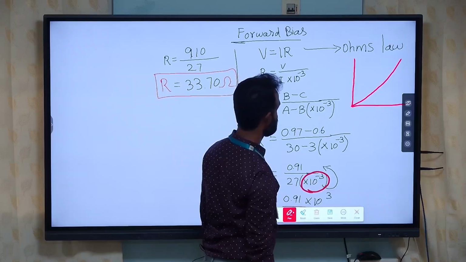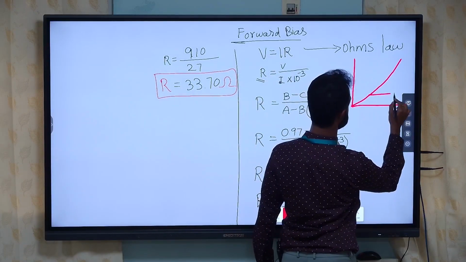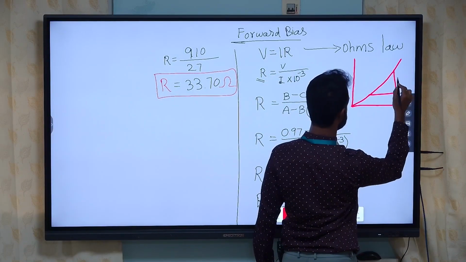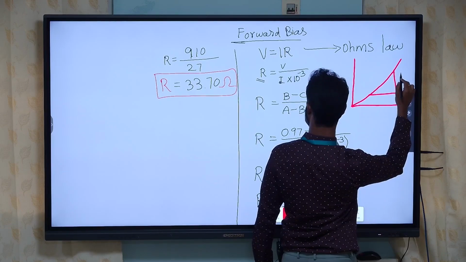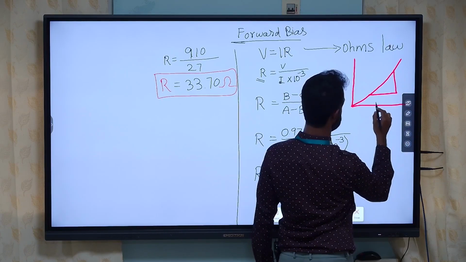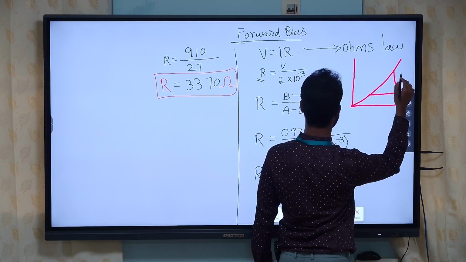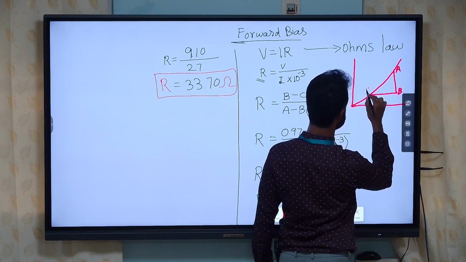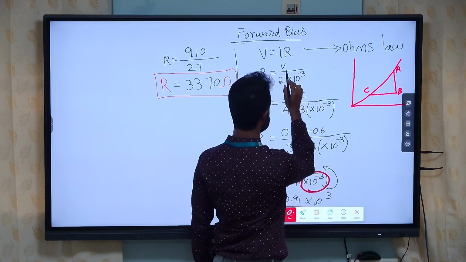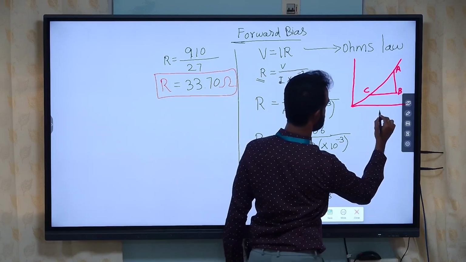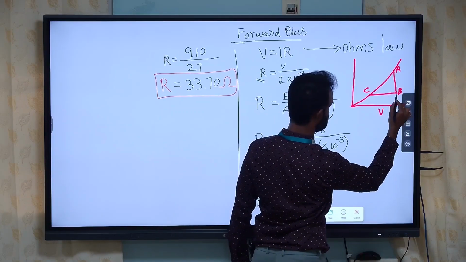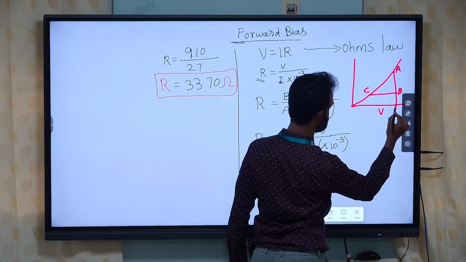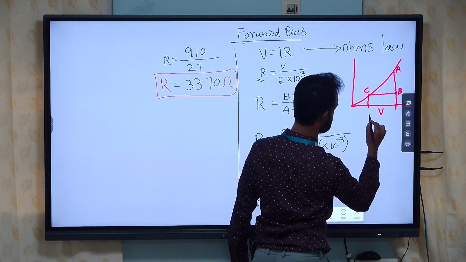Imagine this is the slope, this is V, this is A and this is B and this one is C. So for voltage, we need this distance from here to here.